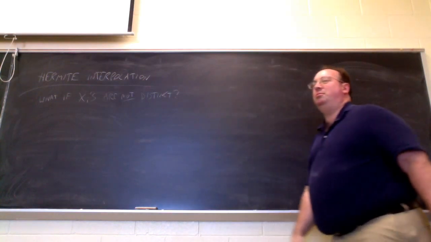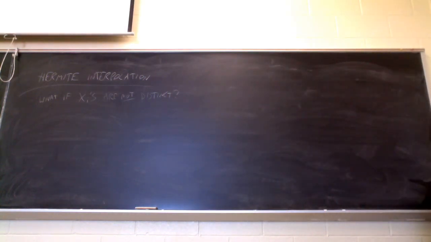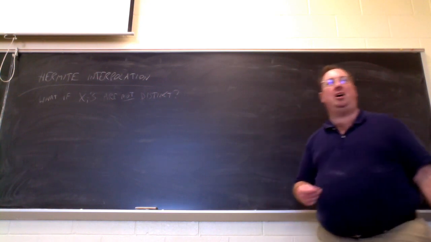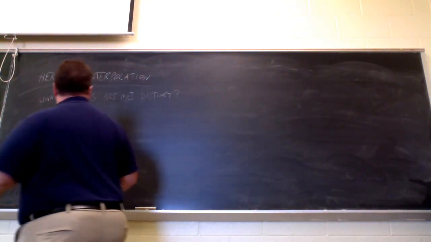That seems like a strange assumption, because if you have all these data points, why would you list any of them twice? Because it still has to be y being a legitimate function of x. For every x, there has to be only one y value. So if we're going to have two x's being the same, we're also going to have two y's being the same. But here's something to keep in mind.